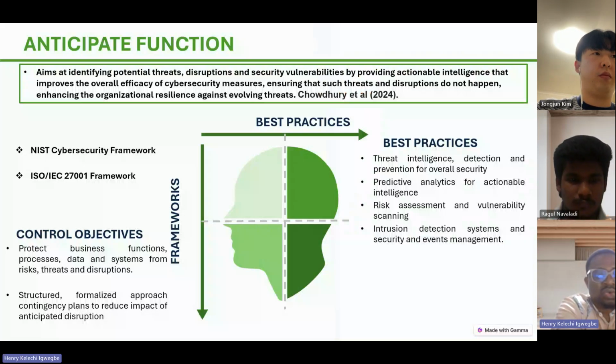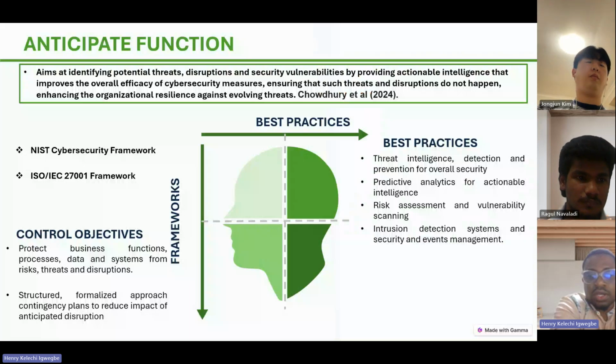And we consider two frameworks for the anticipate function, the NIST cybersecurity framework and the ISO IEC 27001 framework. When we look at it, the anticipate function aims at identifying threats, disruptions, and security vulnerabilities, providing actionable intelligence, overall improving the efficiency of cybersecurity measures.